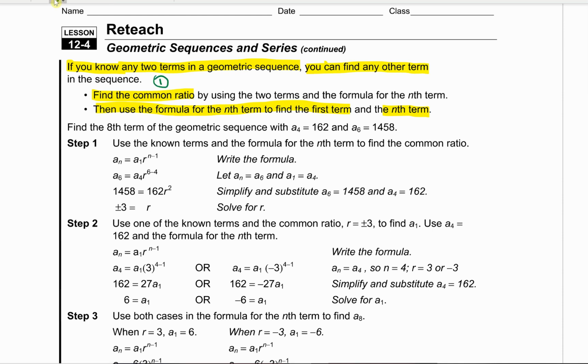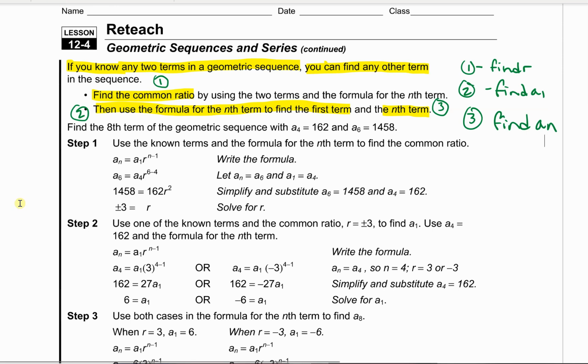Step 1 is to find the ratio, step 2 is to find a1, and then step 3 is to find a sub n. So let's look at the example and then we'll do one together.